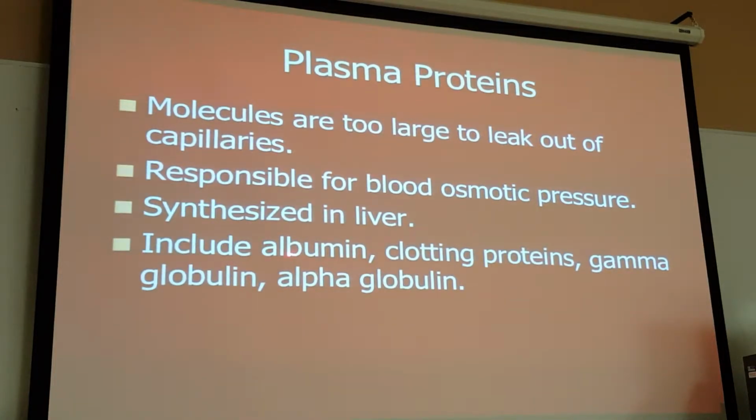And albumins, besides giving us blood osmotic pressure, help bind certain nonpolar molecules reversibly to plasma proteins, and so you can give a much larger dose of a drug, because most of it is bound to plasma proteins and is reversibly released into the tissues bit by bit, sort of a time release thing that allows you to give a larger dose. Rather than taking a pill every half hour, you can take one twice a day or something.